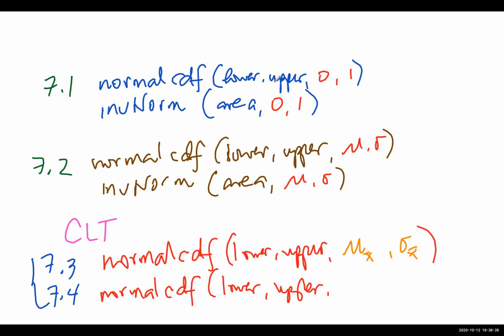And here you need to get the mean of all the proportions and the standard deviation of all the proportions. Also, if you use inverse norm for 7.3, you're going to use the same mean and standard deviation.